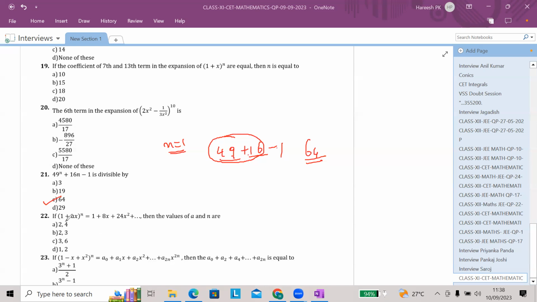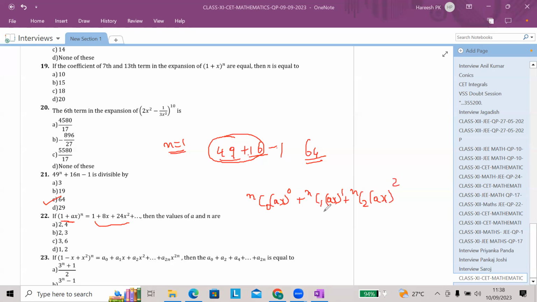So the 22nd question. They have given the first 3 terms of the expansion. We know the expansion should be nC0 (Ax)⁰ plus nC1 (Ax)¹ plus nC2 (Ax)².